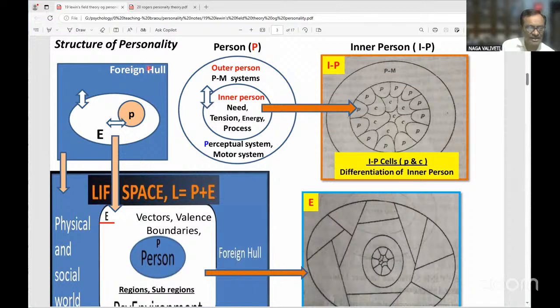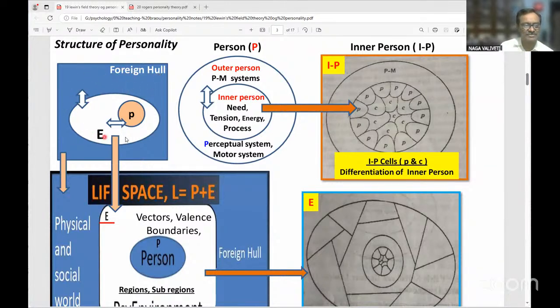This outer hull will be influencing this personality. But there is no boundary here. So it should go through the psychological environment, attraction and repulsive forces that come into the personality. The personality tells, I want food. Then it creates repulsion or attraction, driving force or restraining force, or the barrier, and goes to the outer hull, the physical and social environment, interacts with others, goes to the hotel, and eats the food.